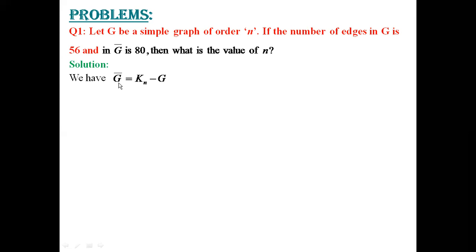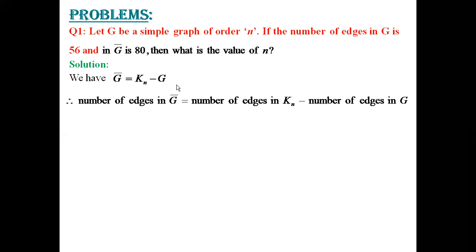So the complement of a graph is obtained by obtaining the difference Kn minus G. From the complete graph Kn, we subtract all those edges which are there in G. So the number of edges in G complement is equal to the number of edges in Kn minus the number of edges in G.